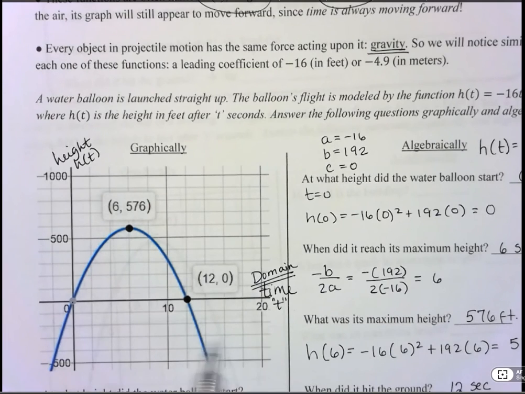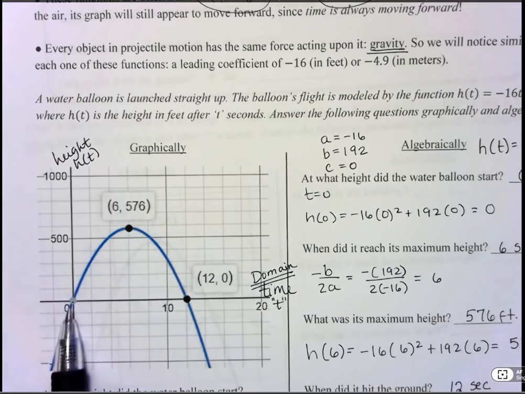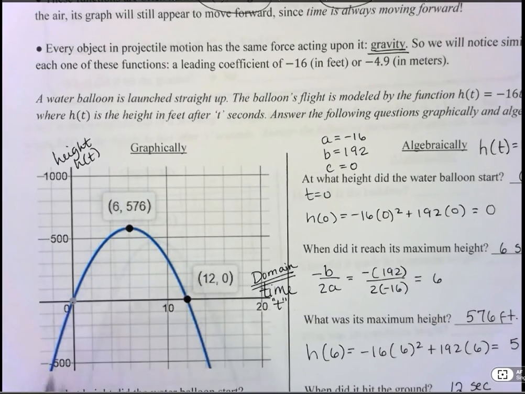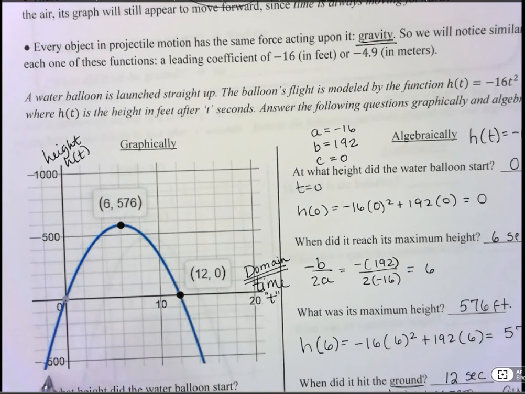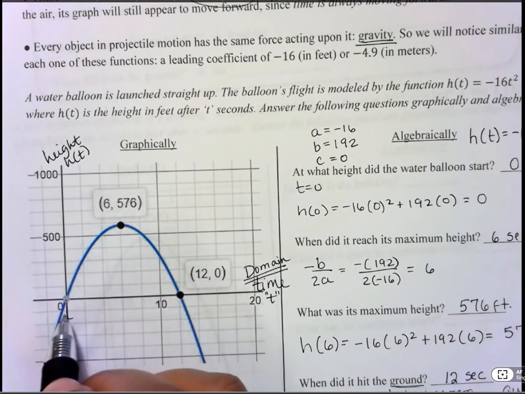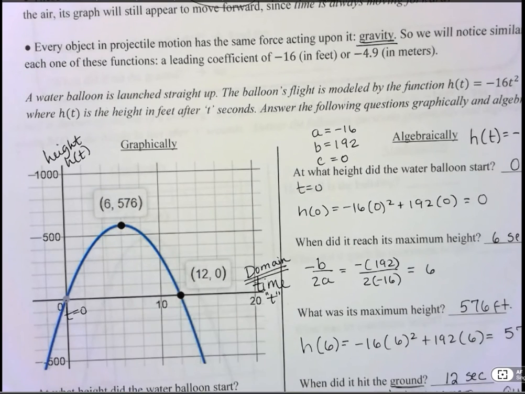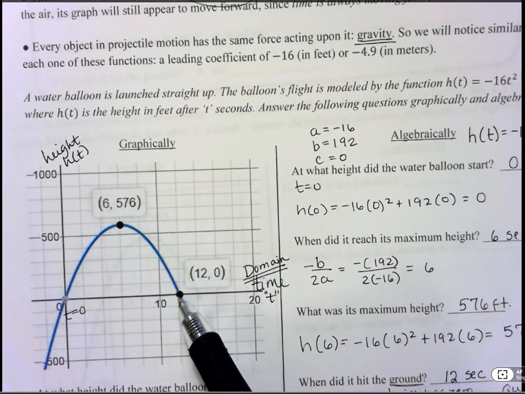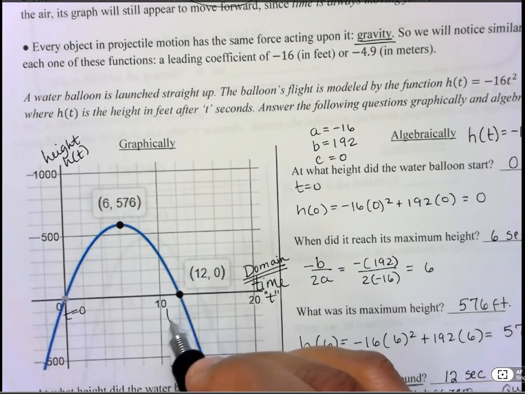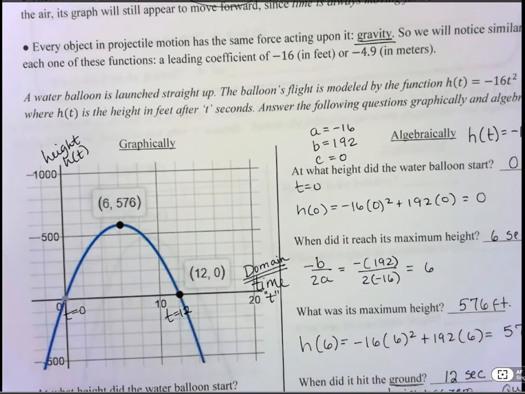For which times can we consider this water balloon being launched and landing on the ground? The first thing you need to understand is that time can't be negative. So you're going to start at time equals 0. The water balloon is in the air, reaches maximum height, comes back down, and then it hits the ground. It's not going to go past the ground, it's just going to remain there. So time equals 12 seconds is when it hits the ground.